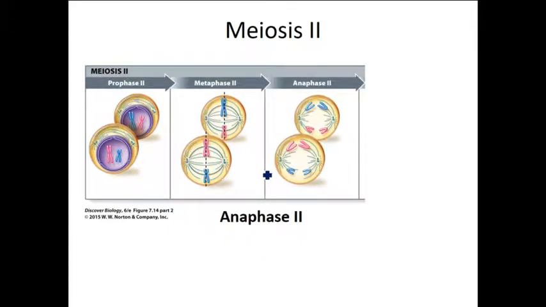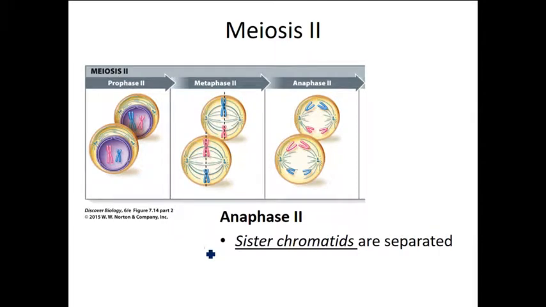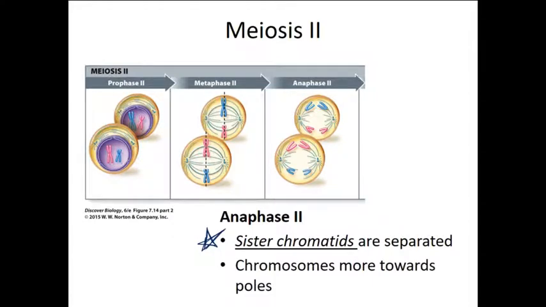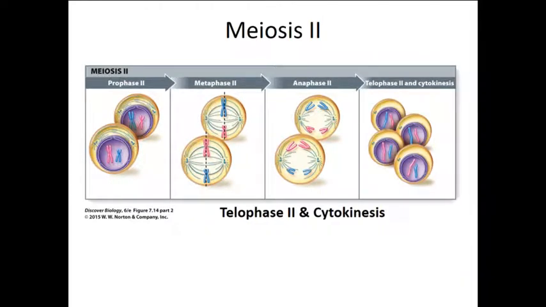And then anaphase 2, this is where sister chromatids are separated. So again, if you learn anything about meiosis 2, it's that in anaphase 2, the sister chromatids are separated, and they're going to move toward the poles, and then they'll go through cytokinesis, and each one will create 2 daughter cells.